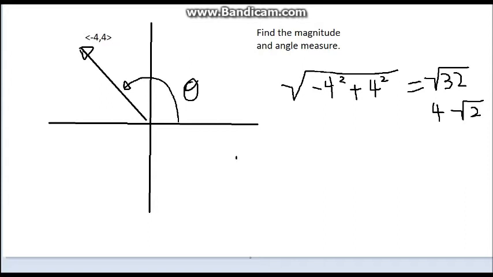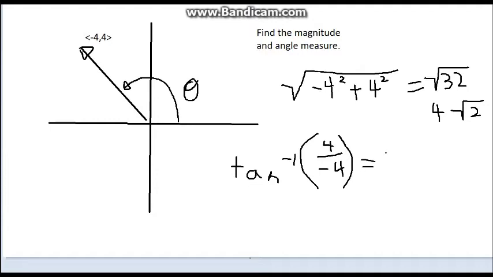And then we move on to the angle measure, which you find by doing the inverse tangent of b over a. So inverse tangent of 4 over negative 4. And 4 over negative 4 is equal to negative 1.